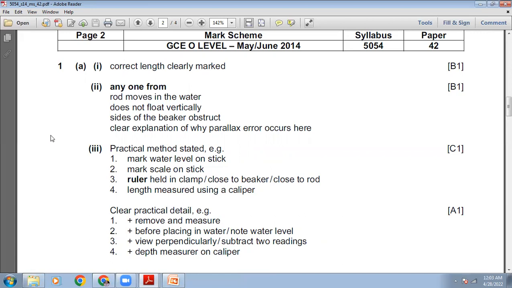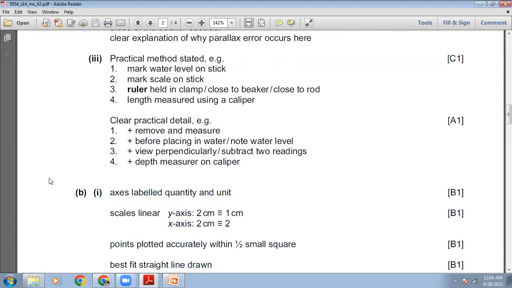Practical method stated, for example, mark the water level on the stick. Mark the scale on the stick. We have answered that, mark the scale on the stick. Ruler held in the clamp close to beaker, close to rod. Length measured using a caliper. Okay. Here, clear practical method, for example, remove and measure before placing in the water, note the water level.